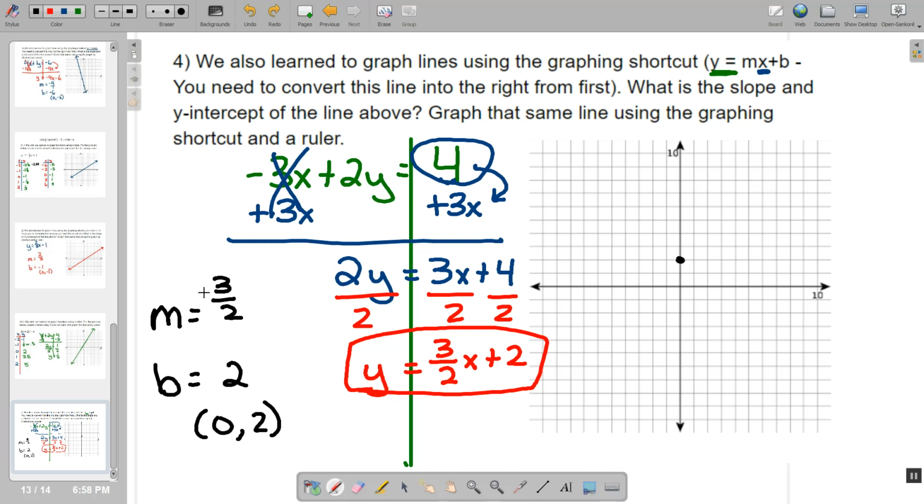And from here, I'm going to rise 3 and run 2 repeatedly. To make my line, I can also go down 3 and back 2. And I can do that as many times as I want. From here, all I have to do is I graph my line, and I am done.